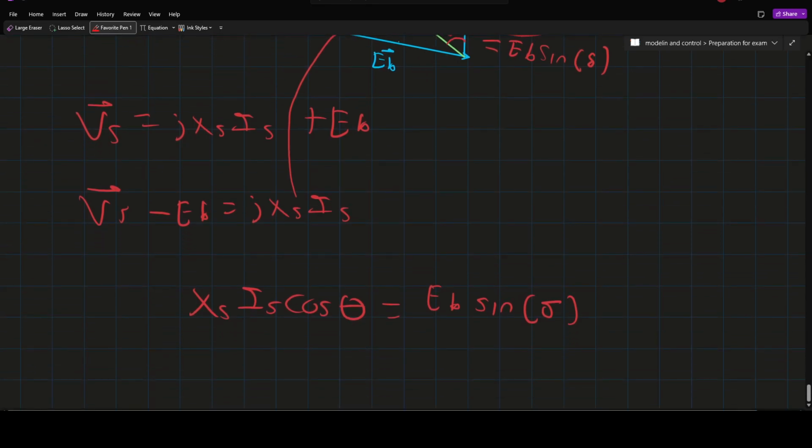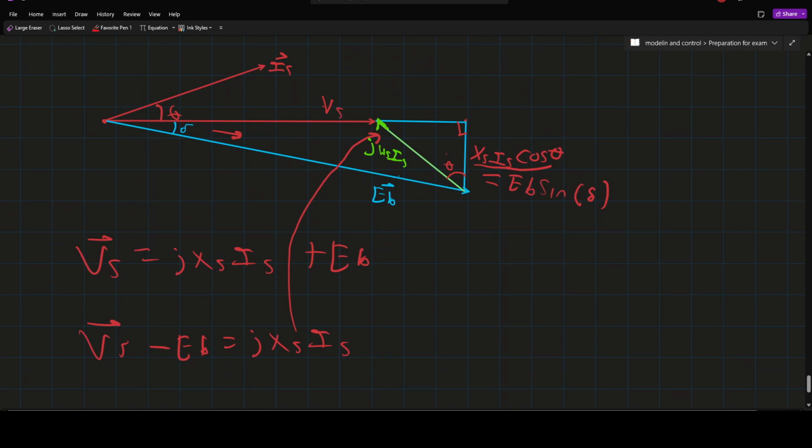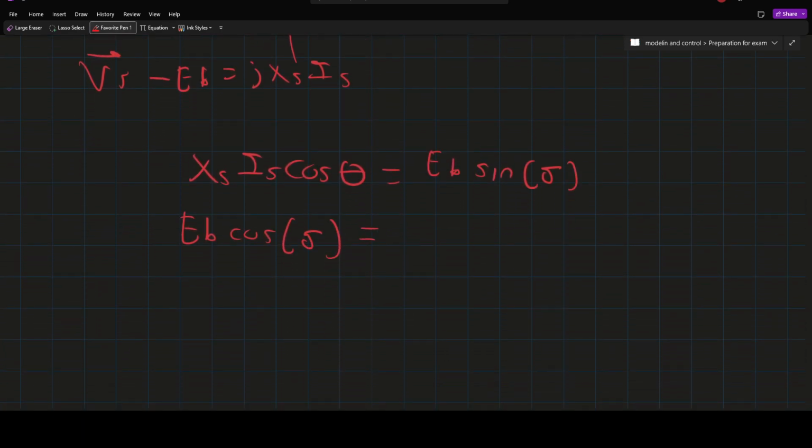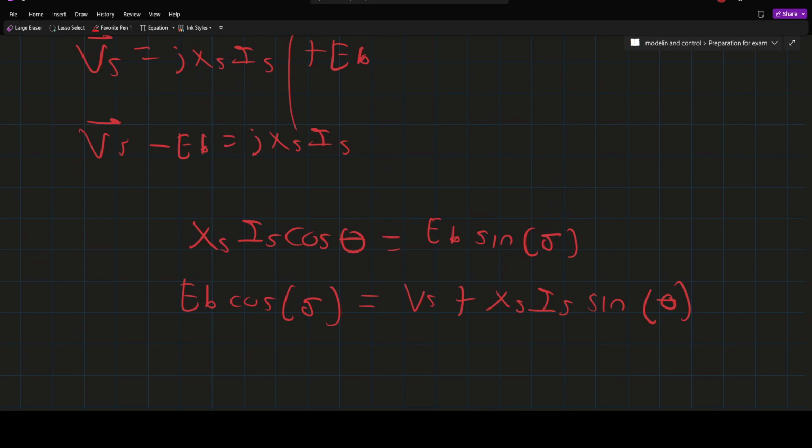And we can also see that EV cos of psi, where here we have psi, and the adjacent will be this one, is equal to VS plus XS IS sine of theta. So now we have these two equations to work with.